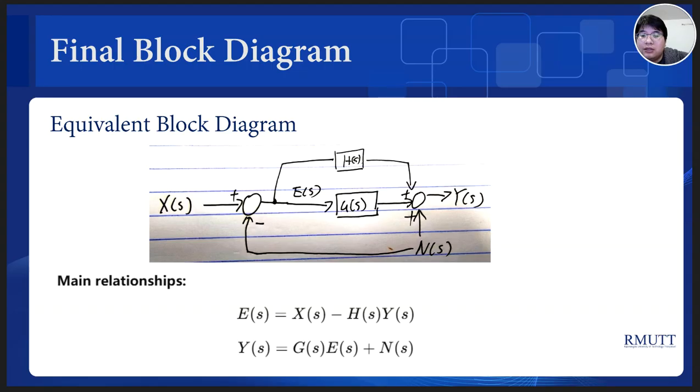The error signal is formed at the first summing point. Then it passes through G(s).